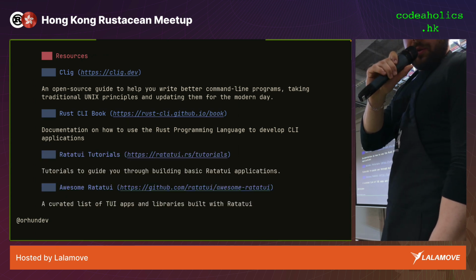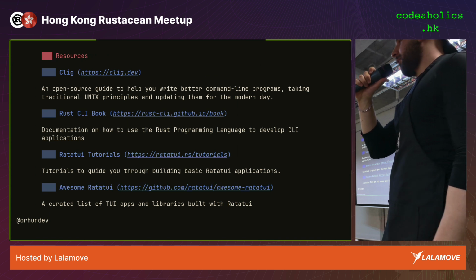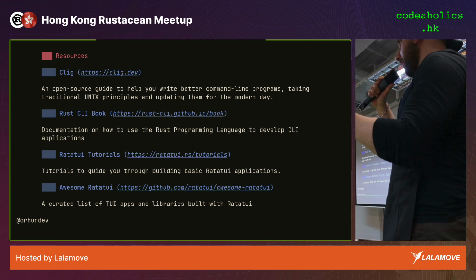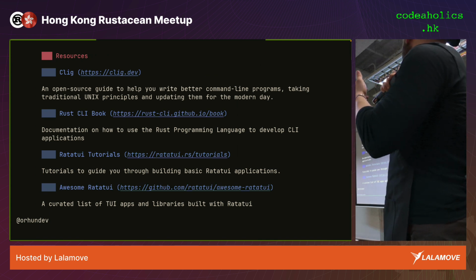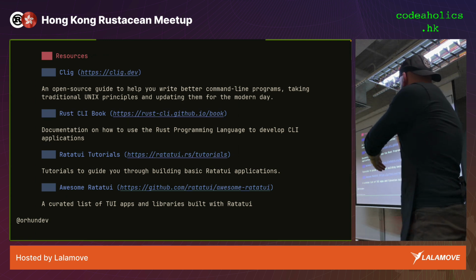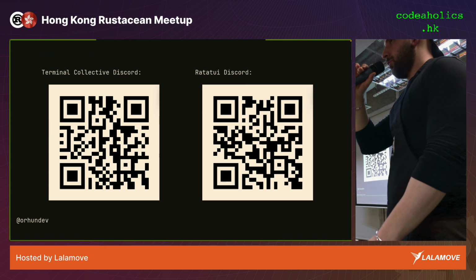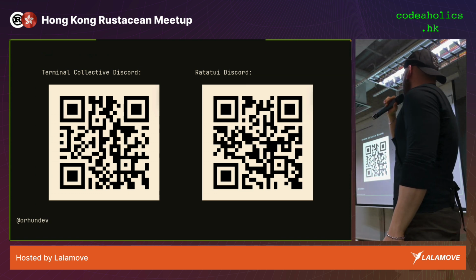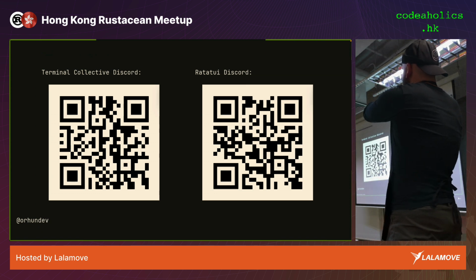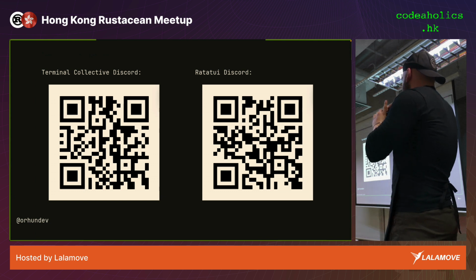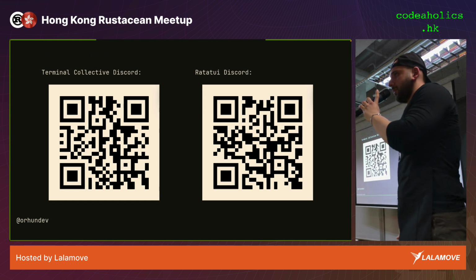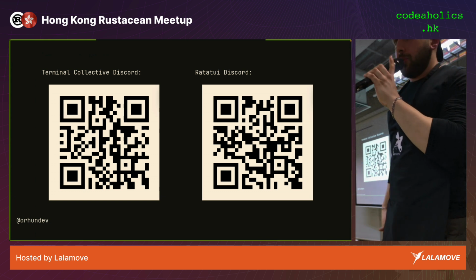We have the Ratatui tutorials and a list of apps, libraries and frameworks built with Ratatui. You can get more information on these links. Lastly, I'm just gonna drop the Discord if you want to join either Ratatui or Terminal Collective. We answer questions in the Ratatui Discord, so go ahead and join if you're interested.